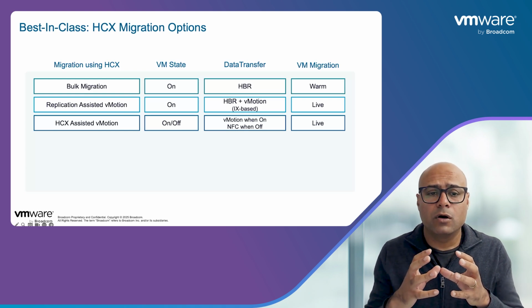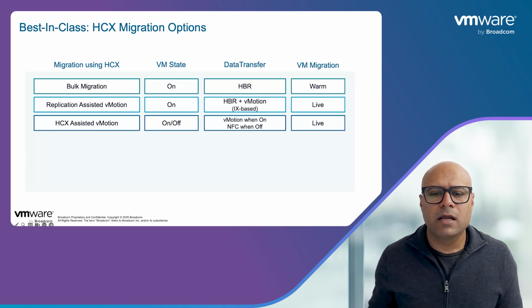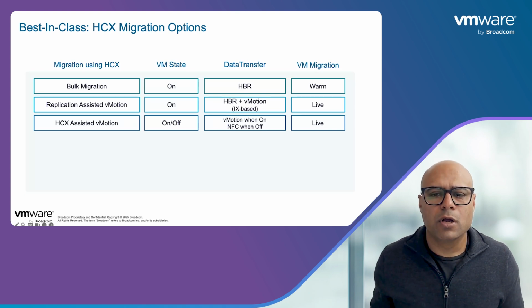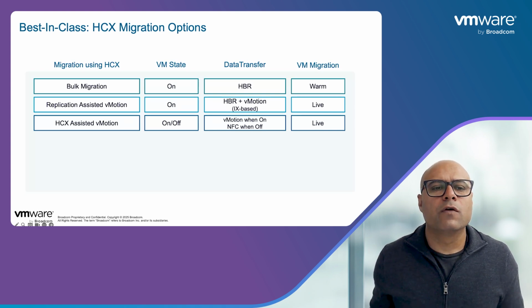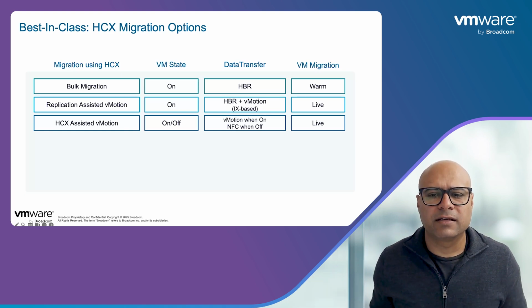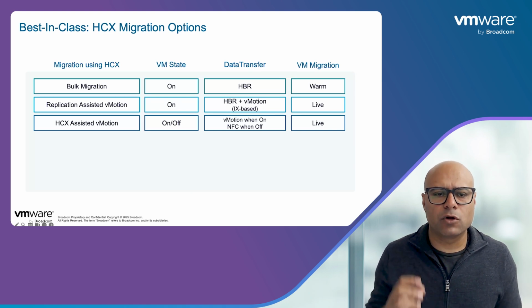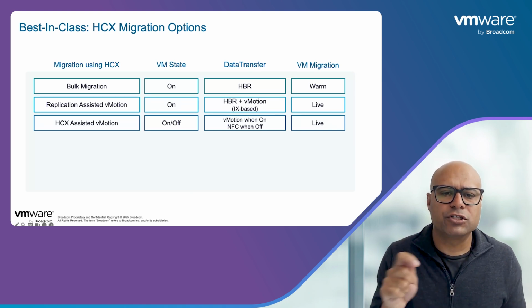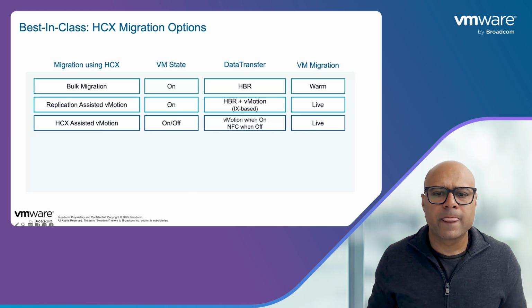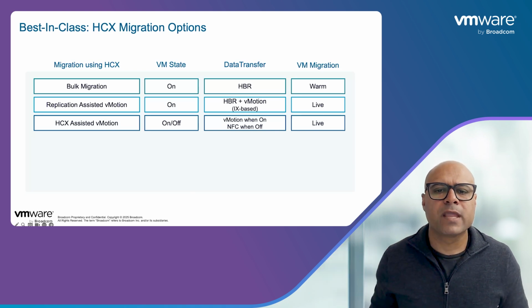If the customer doesn't already have an existing L2 extension between sites, HCX provides a simple user interface for network extension. Once you have extended the network, you can proceed on selecting multiple virtual machines, and HCX will orchestrate the live migration one VM at a time, but it will orchestrate the process of multiple VMs.